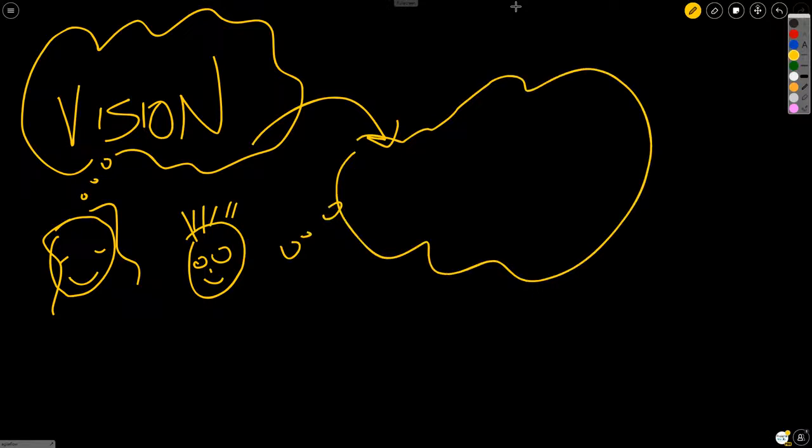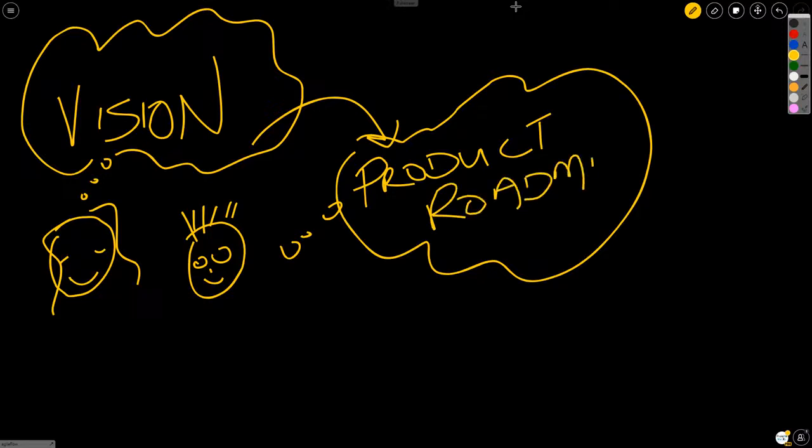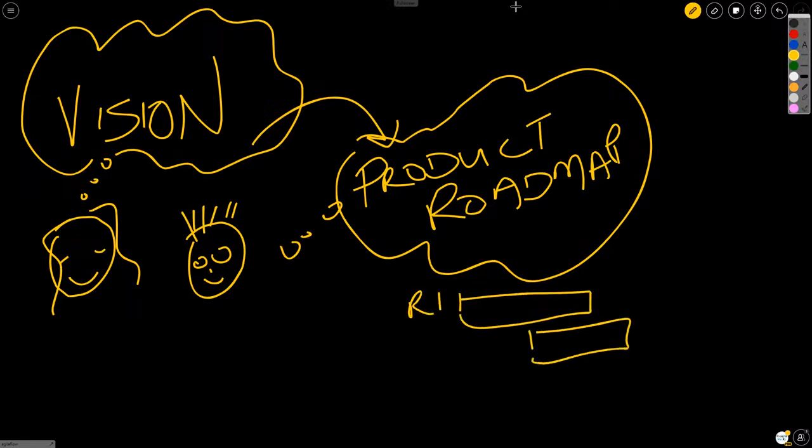But eventually, you are going to get a roadmap. We call it a product roadmap. And the product roadmap gives us a high-level view of all of the things that need to happen. Release 1, release 2, release 3.